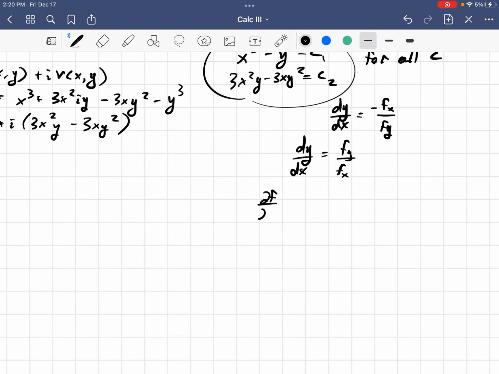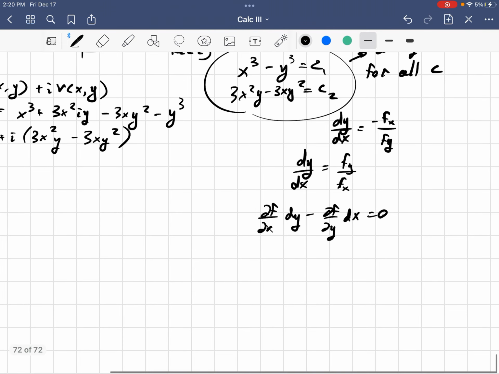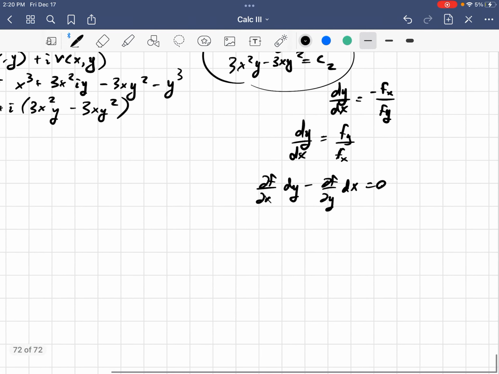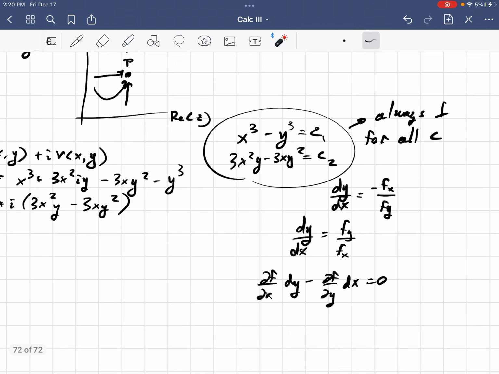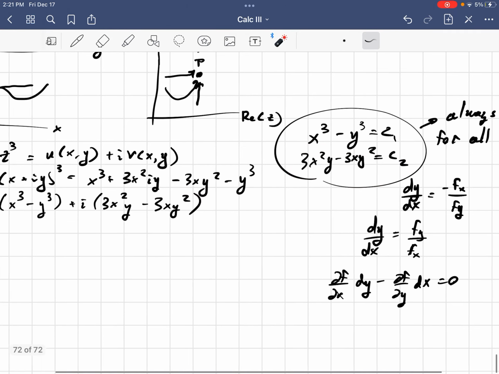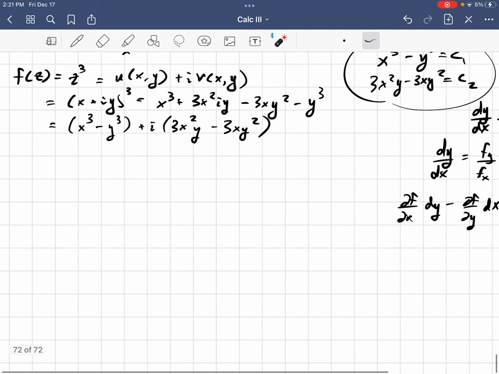And so then the partial of f with respect to x dy minus the partial of f with respect to y dx equals 0. We just have to solve that differential equation, and we'll get the class of orthogonal trajectories to one of these curves. And if we do that for this one, we'll end up getting that as our solution, or vice versa. There's also another way to explain it using conformal maps, which I'll talk about later.